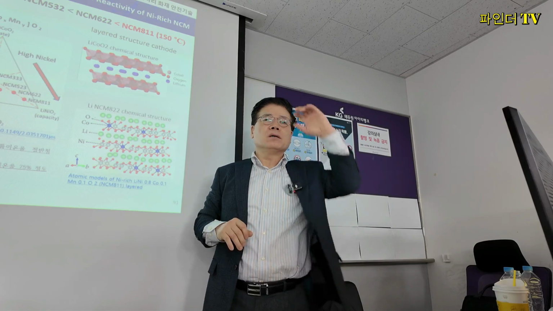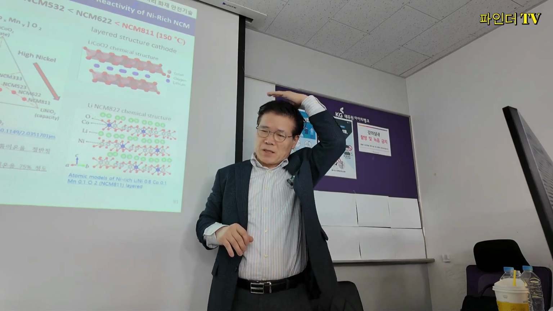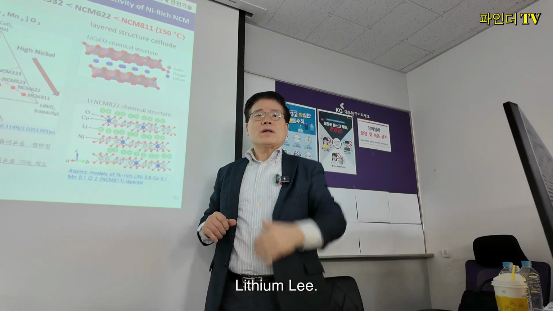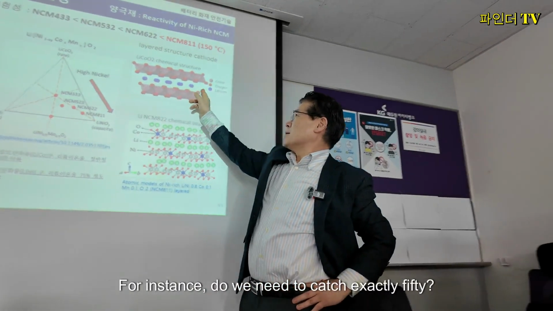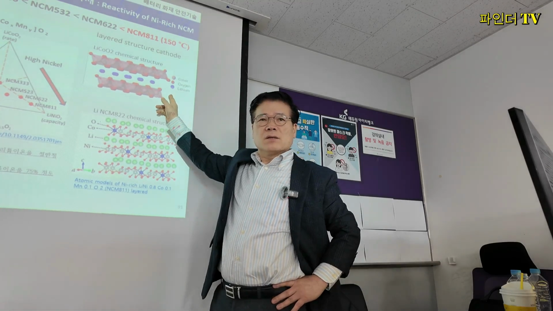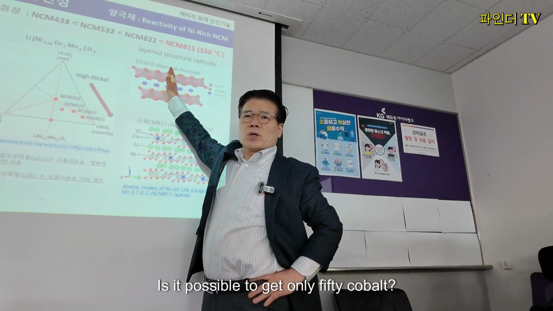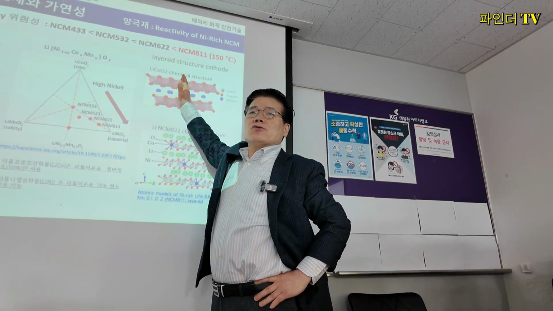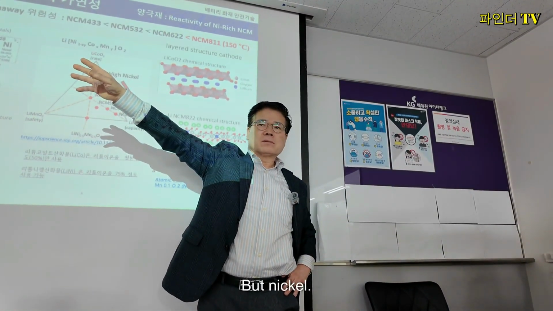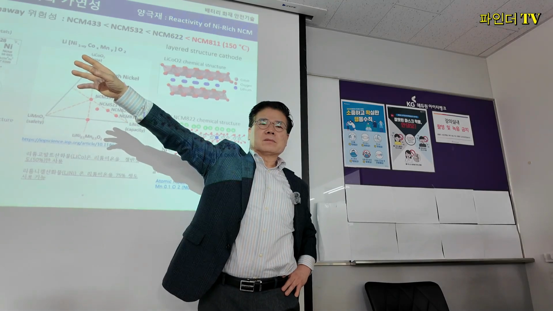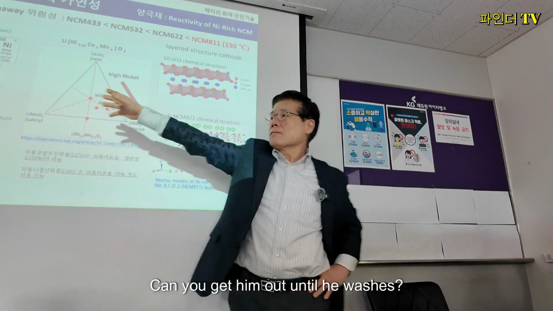So in the case of cobalt, lithium Li, 100. For instance, do we need to catch exactly 50? Is it possible to get only 50 with cobalt? But nickel, can you get him out until he washes?